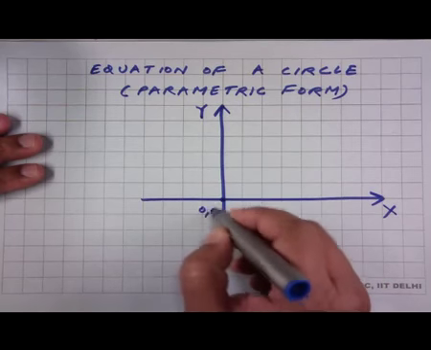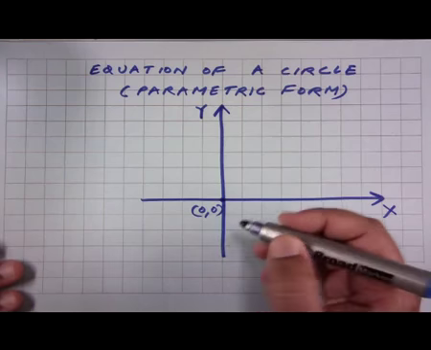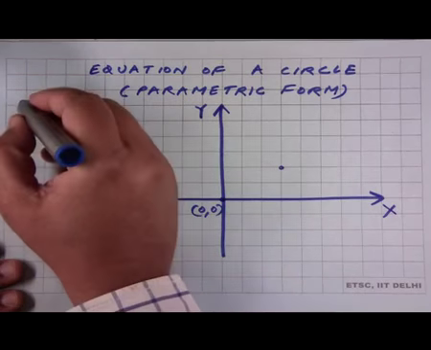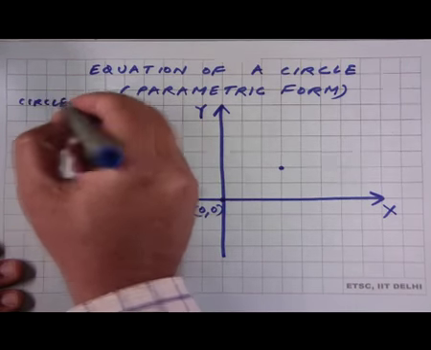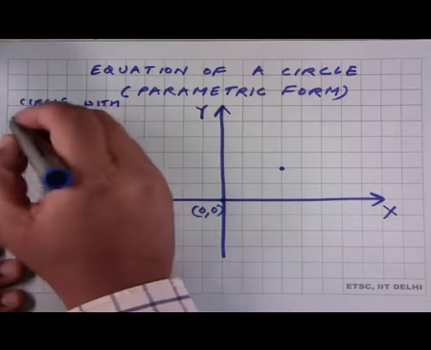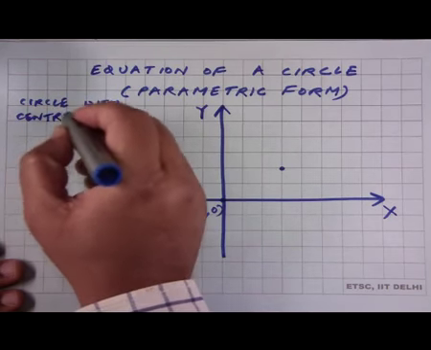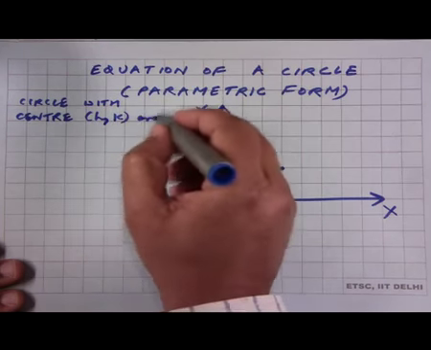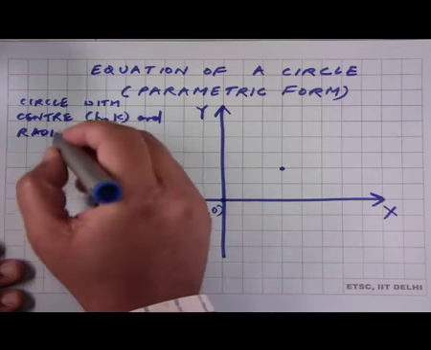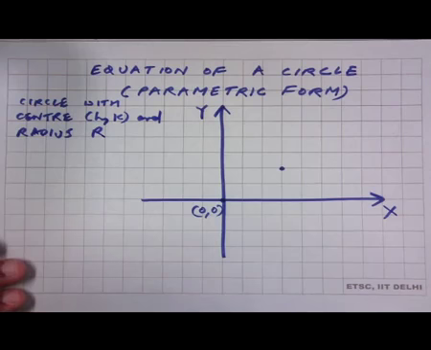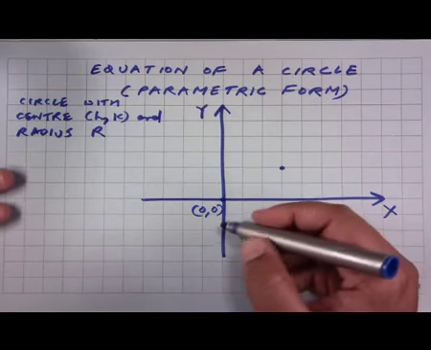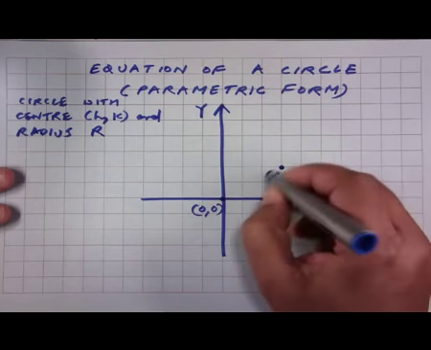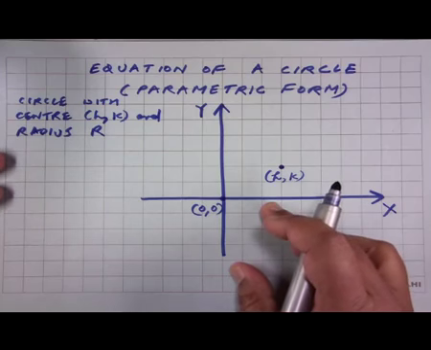This of course is the origin, and suppose we again have a circle with center at (h, k) and radius r.